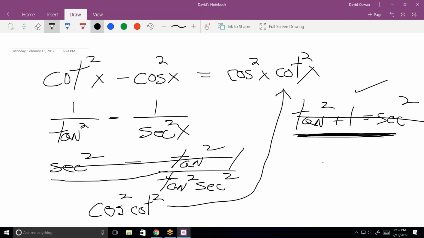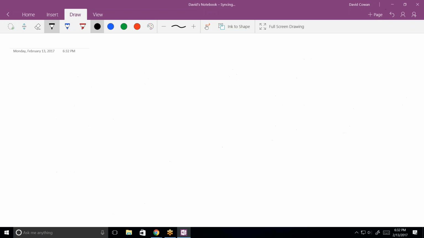So when you see something like secant squared and tangent squared, see if you can turn that into a number, possibly. And in this case, we were able to turn that into the number 1. Okay. Let's do another one, because I think you get a little bit of a head start on these and you're going to be in much better shape.